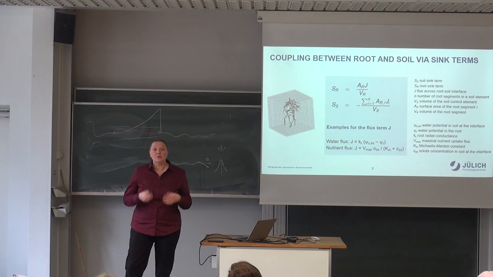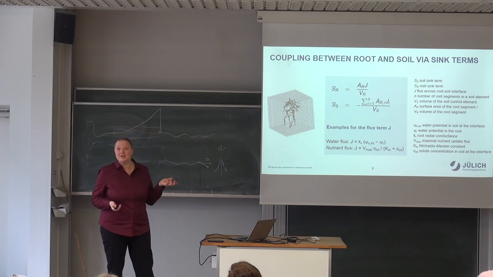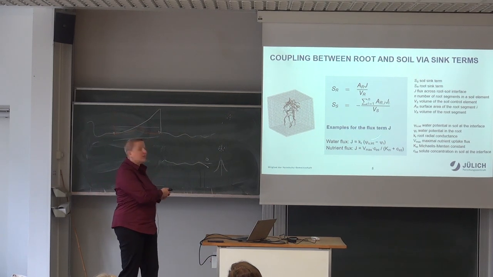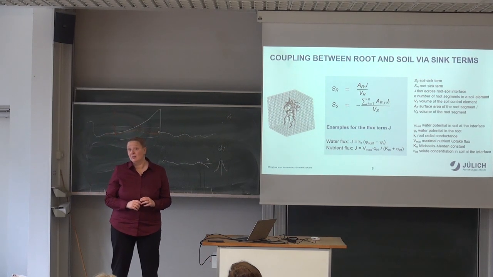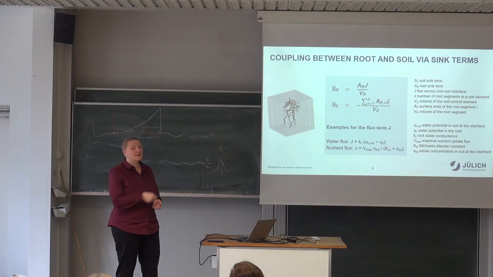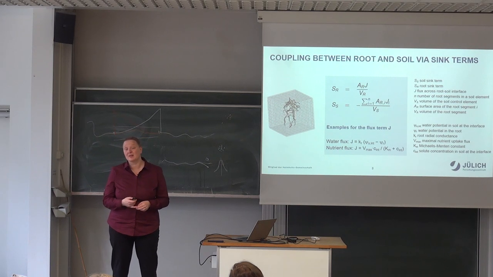So not only the age or the root radius, but if we had a model that gave us the pathogen, I don't know, a population density or something in a root, we could make all the functions dependent on that. But the problem is we don't have, as of now, such a model that gives us the pathogen effects on the whole root system scale for each of the root segments.